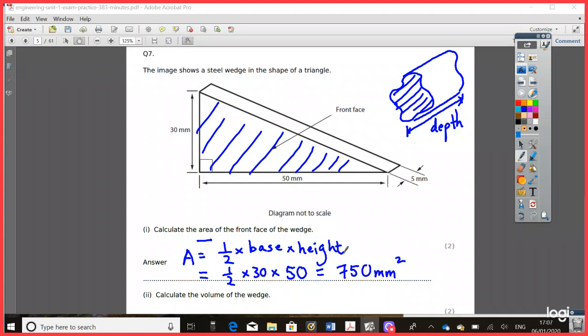So all you have to do is take that. The volume is the area times the depth. But not just any area, it's got to be the cross-sectional area. And in this case, the cross-sectional area is the front face.